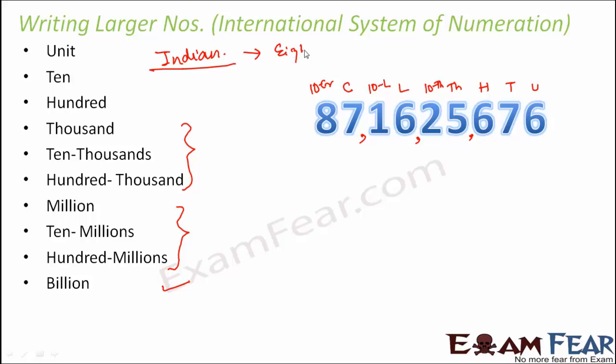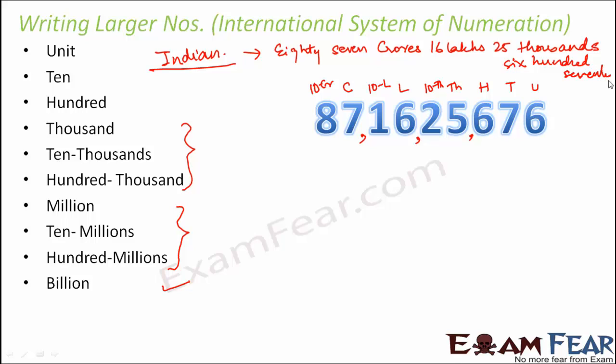It would be 87 crores, 16 lakhs, 25 thousands. Now you need to write it completely, but I'm just writing it in short. This will be 25,676.